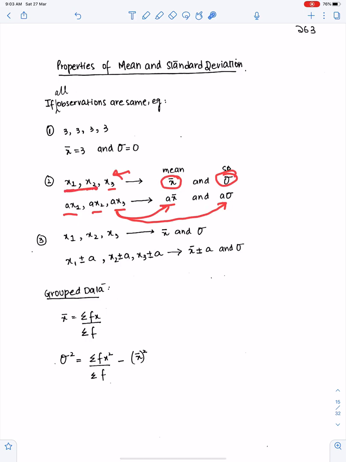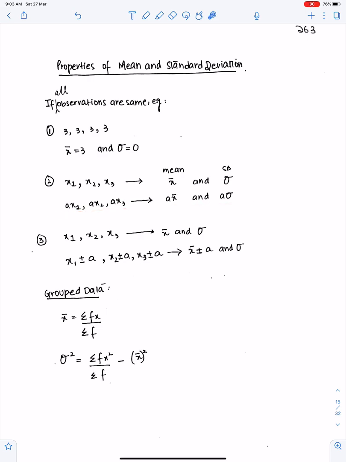We multiplied each and every observation by a non-zero constant a. Therefore, we need to multiply x bar with a and the standard deviation with a as well to get the new mean and new standard deviation. You don't need to calculate the mean of this data. You can easily get the mean of this data by multiplying this mean by this constant and this standard deviation by this constant. This is property number 2.